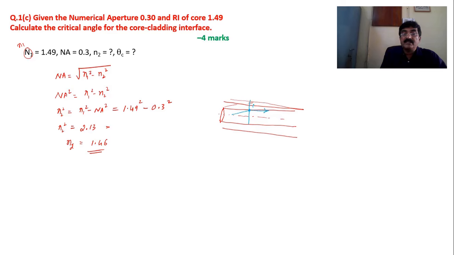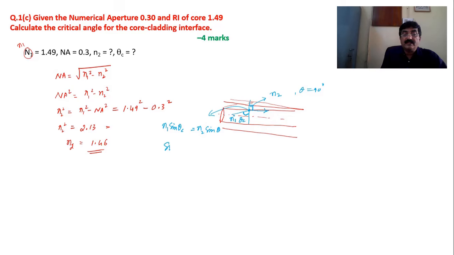This region is clad, having refractive index n2, and this angle is theta. Theta is equal to 90 degrees. Okay, and this region is core, having refractive index n1. This angle is theta c. Well, now I shall apply Snell's law here. That is, n1 sin theta c is equal to n2 sin theta.